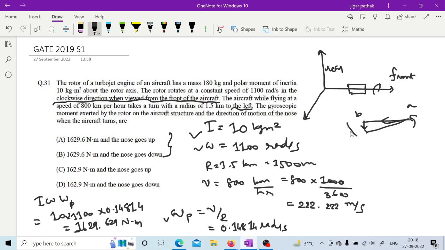So this will be the reactive gyroscopic couple, right? And when this is the reactive gyroscopic couple, then your nose will go down. So B is the correct answer, right? So all of you are getting the same?